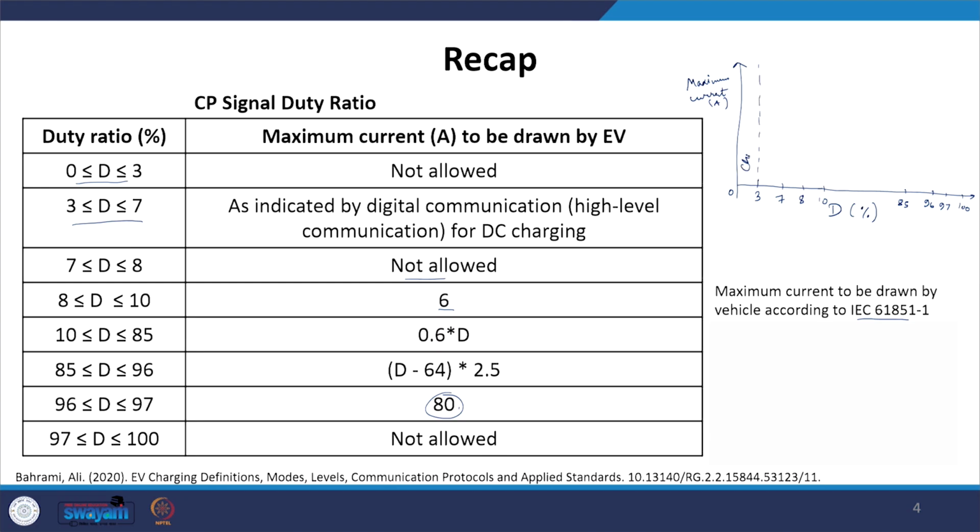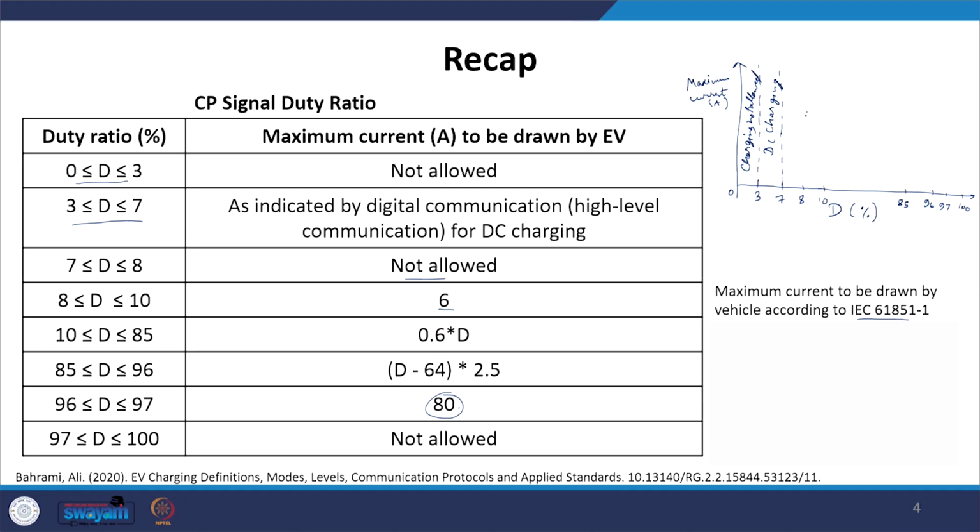So when it is 0 to 3, charging is not allowed. Between 3 to 7% is the zone for DC charging. So whenever the charger goes for DC charging at the CP, the PWM will have the duty ratio of pulse width modulation between 3 to 7%.